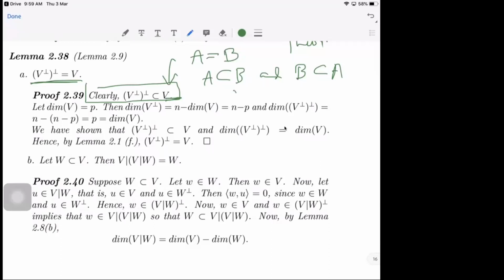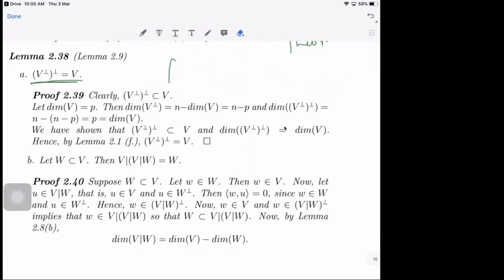To show that V is a subset of V perp perp, which goes from general to particular. So it is no longer obvious, no longer clear. But what is clear is that any derivation from that set is always a subset of the whole set. So our aim is to show that V is a subset of V perp perp.